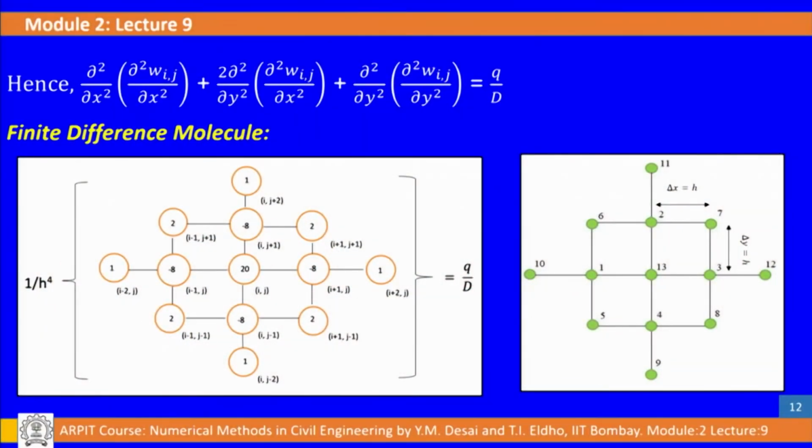As I said earlier, at 13 points we need to evaluate the function, and in terms of that we are able to express this biharmonic operator.